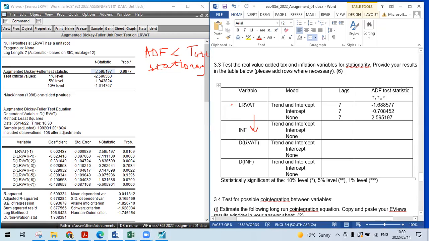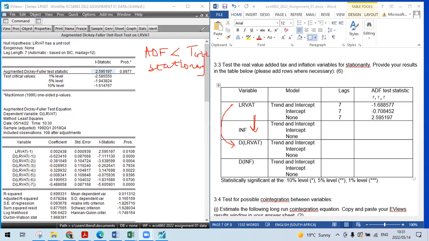In this bracket, this should be L. So I'm saying, let me not move to inflation now. It will delay me. Let me just go to the differenced one, so that I will not close my EViews. I'll just finish with VAT, then I'll go back to INF. Are we together there?